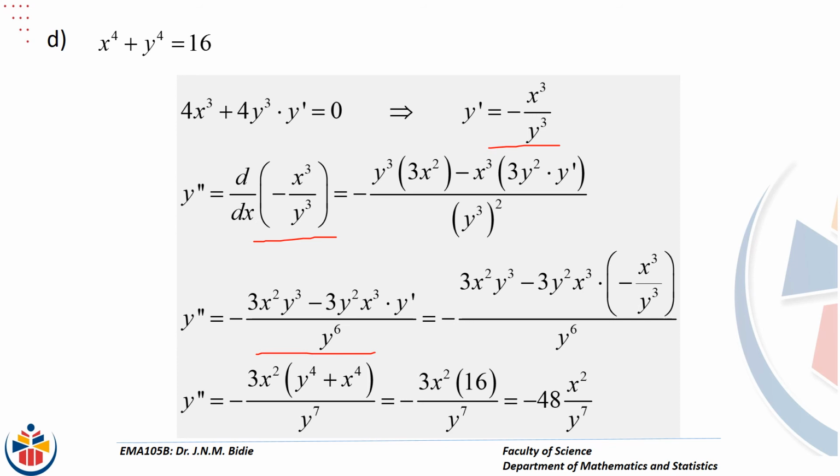Note that now I found myself with y prime also in the expression for the second derivative, and I already had an expression for y prime. Substitute y prime in and then simplify. Please check whether you're going to get the same answer as I got there for the second derivative of y.